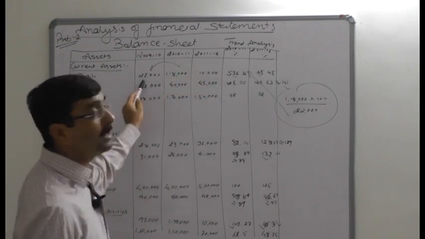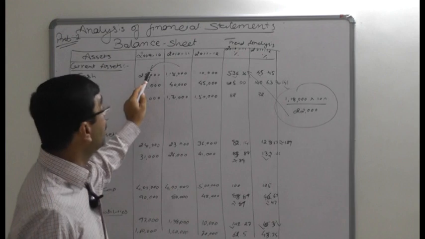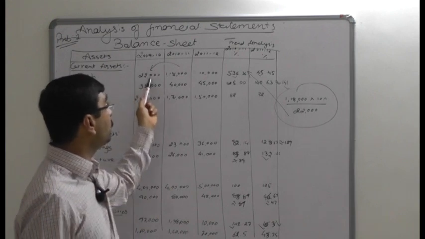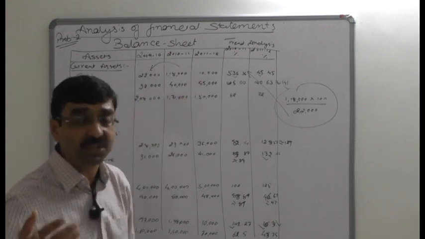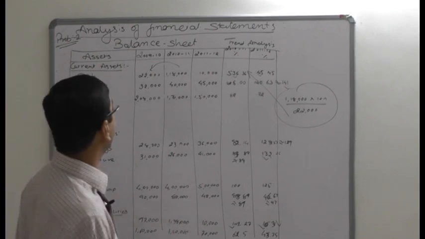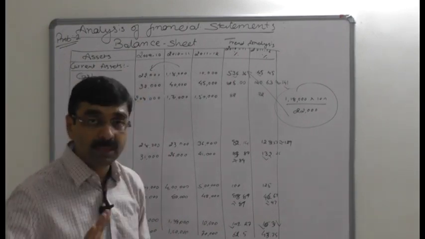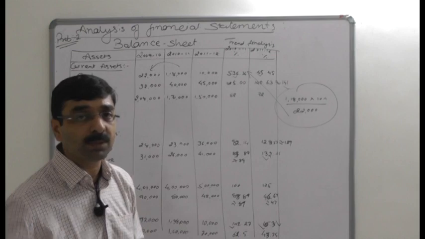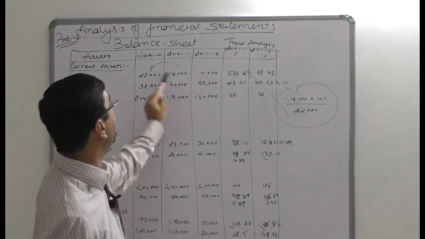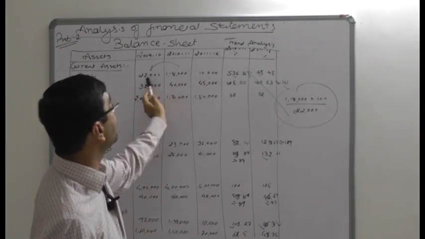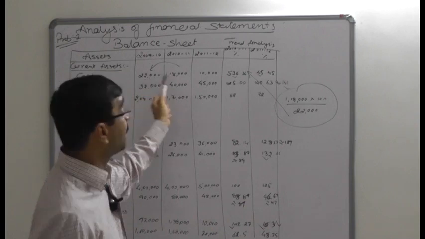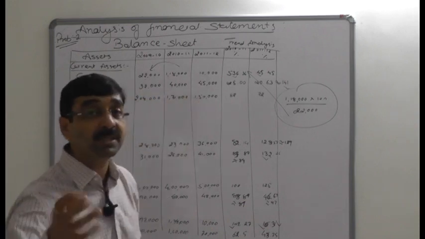Again the base year remains the same, 2009-10, and we compare with 2009-10 to find out the outcome. In a prima facie observation, you can easily identify that your cash balance has decreased as compared to the base year. But we need to identify how much percent decrease.